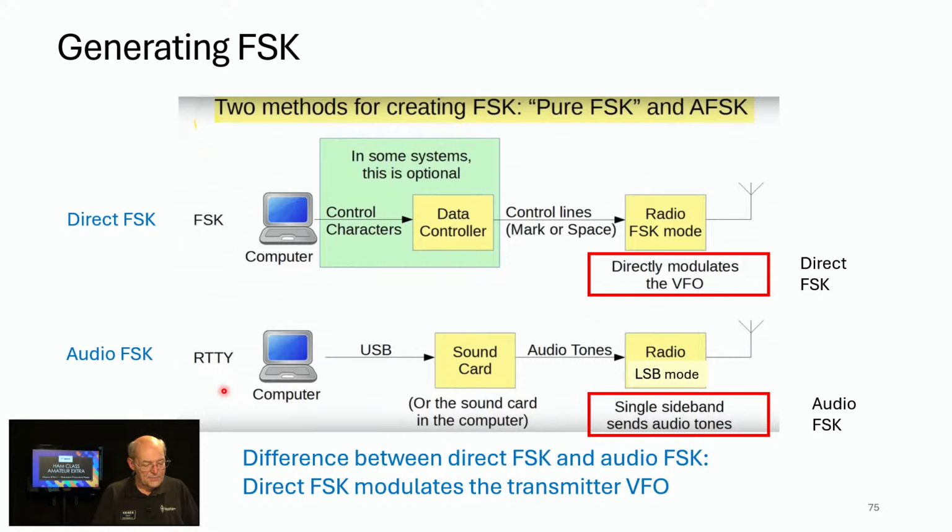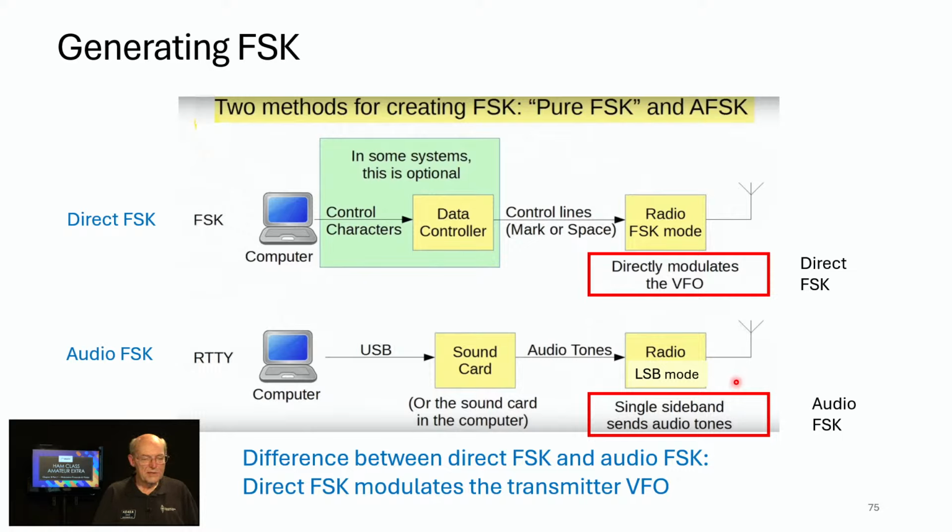So how does that work? So we got software in the computer. We've got a USB cable. Goes to a sound card, which could be external or it could be built into your radio. In this case, we're going to be generating audio tones. Remember that mark and space frequency I talked about in the 170 hertz shift? We're going to apply that to the radio, the equivalent of a microphone input signal with a radio in lower sideband.